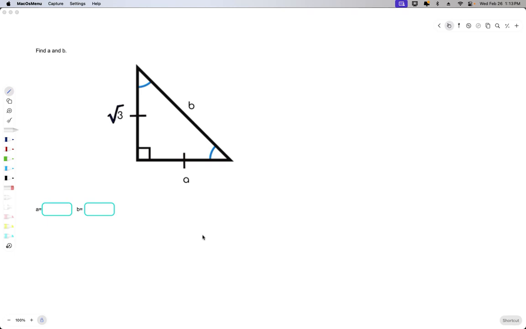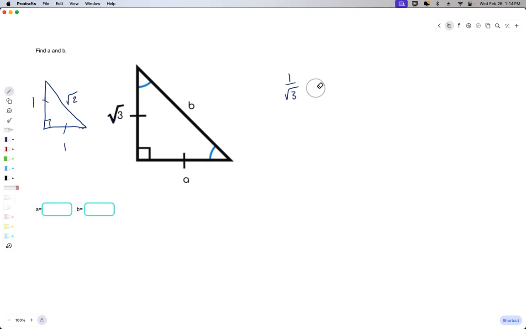So again, we have another 45-45 right triangle. So we need to have our similar triangle. This is the same as this. It's a right triangle, so this is going to be 1, 1, square root of 2.